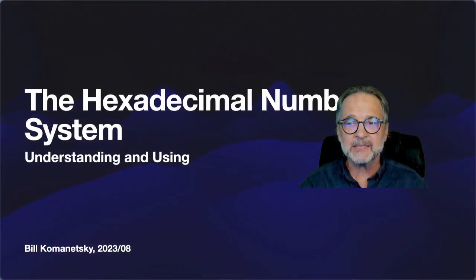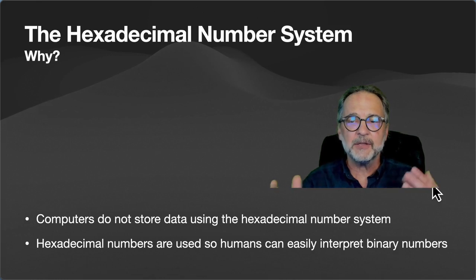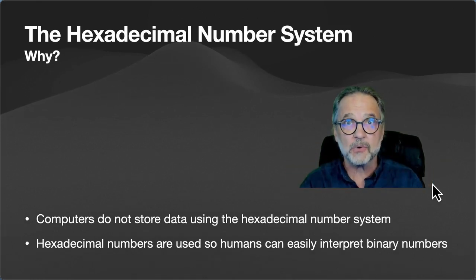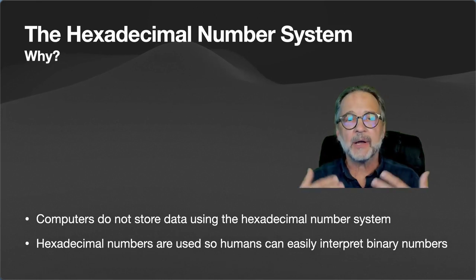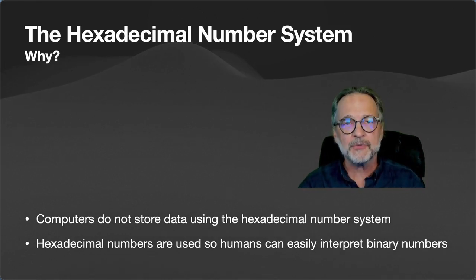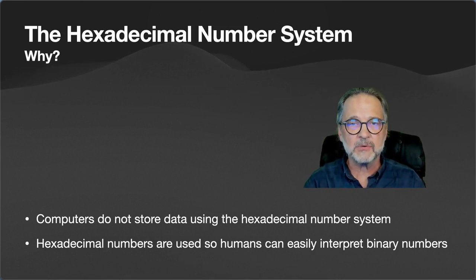So what is the hexadecimal number system? Computers do not use hexadecimal. They actually don't store the data as hexadecimal numbers. Everything in the computer, again, on and off switches, is stored with binary values. That's just the way everything is stored.